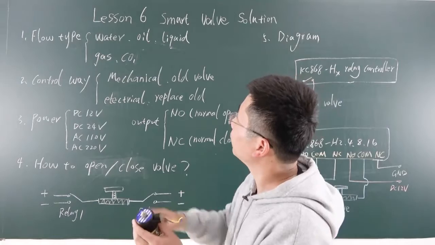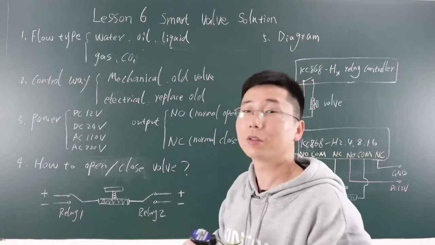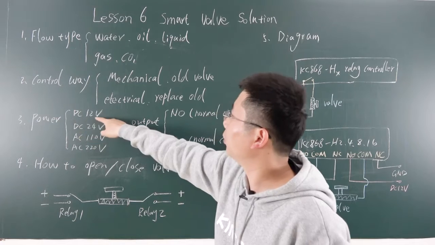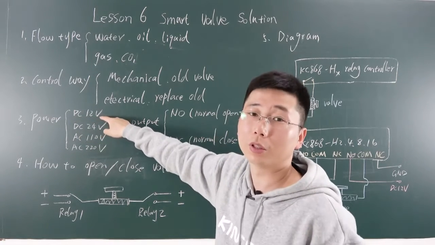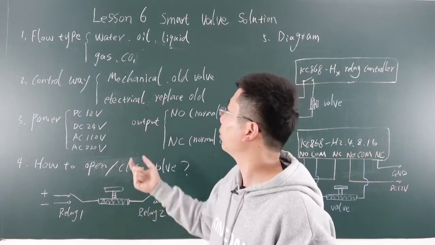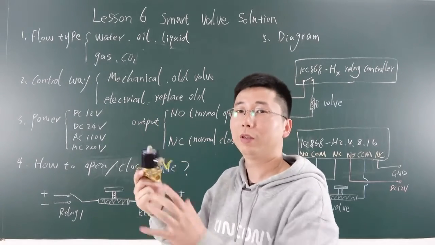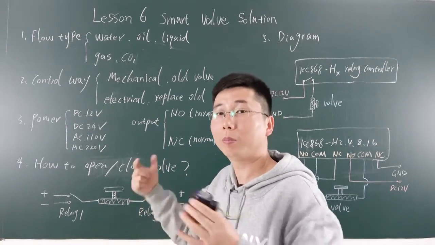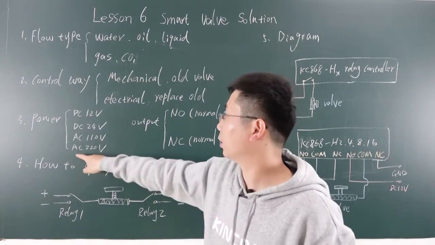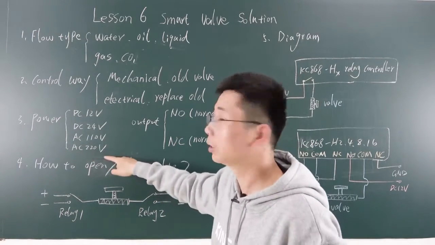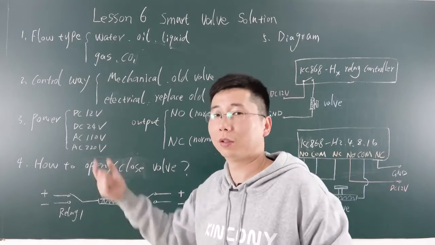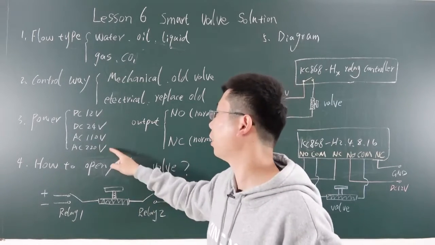But I think if you use gas, because high voltage is dangerous, you had better choose low voltage, which is safer. Maybe some valves are very big, so they need more power to drive the valve, so maybe we have AC 220 volts. But if you can choose low voltage, choose low voltage, not high voltage.